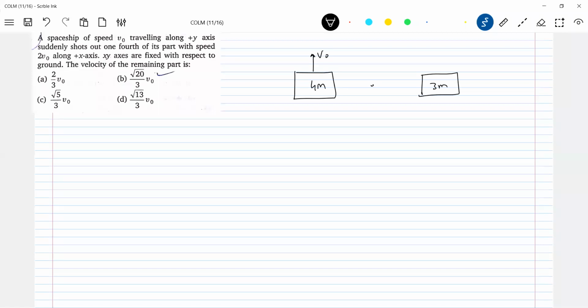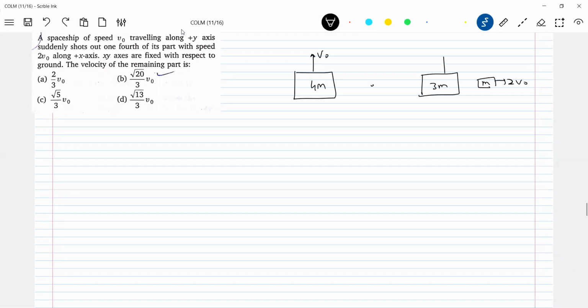The ejected part has speed 2v0. And what do you expect of the remaining part? How should it move?